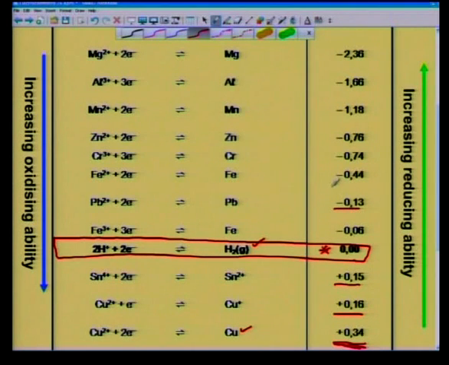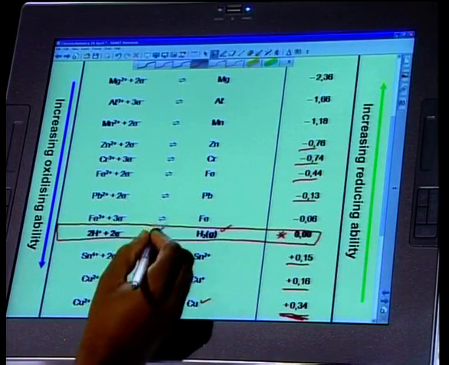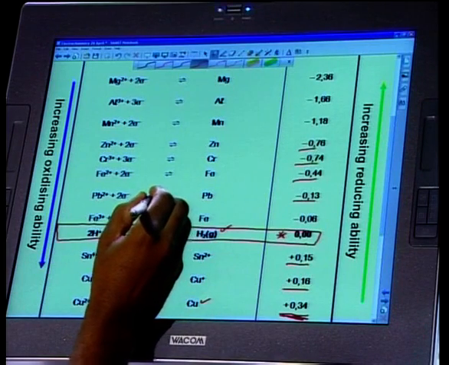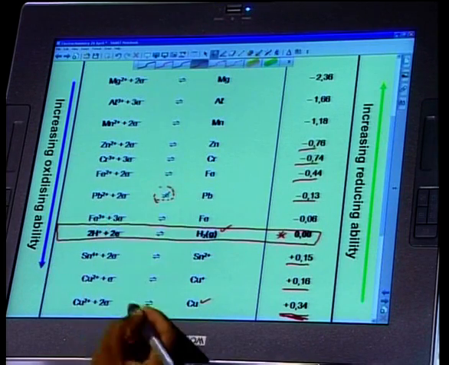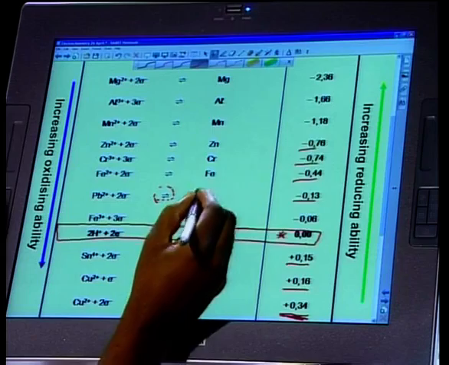So above the hydrogen half cell, you'll see we have got the negative values, and below it we have the positive values. This side, it says increasing reducing ability. Now we have got an equation here, all right? This is the equal sign of the equation, and we have got Pb there on the right-hand side.